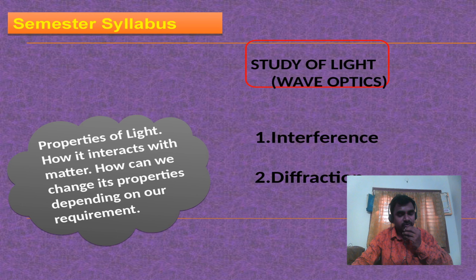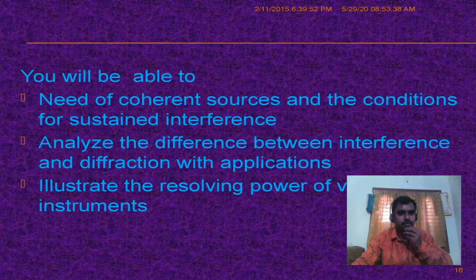What is resolving power? The ability of an instrument to observe things, with examples of various instruments, meaning microscope, telescope, like that. We will learn this in the first unit.